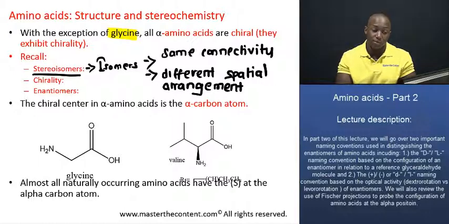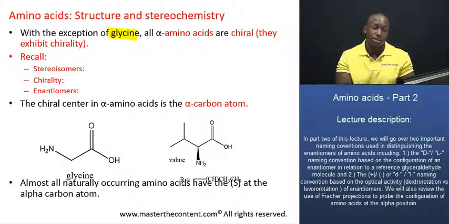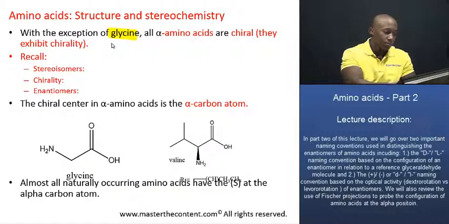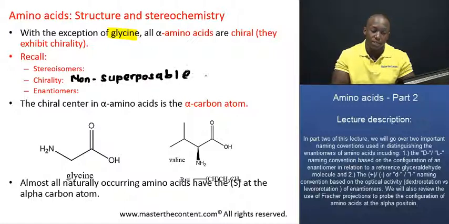Remember, this is just a review. If any of this sounds like Greek or a foreign language, you might want to go back and review a few important stereochemical concepts in the organic chemistry lectures. Now, as far as chirality is concerned, a chiral molecule is basically one that has a non-superimposable mirror image.